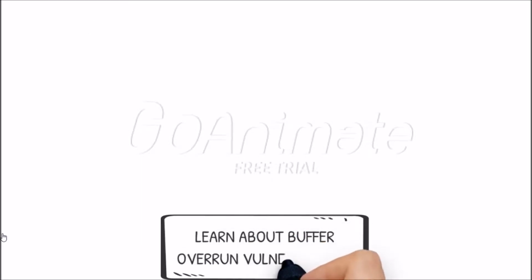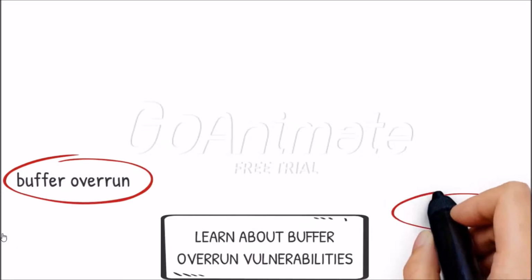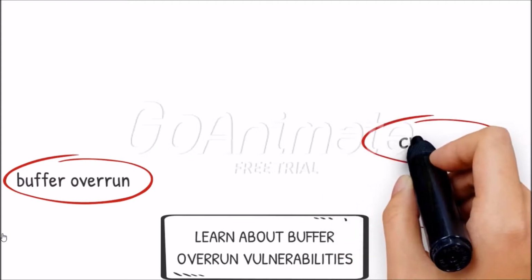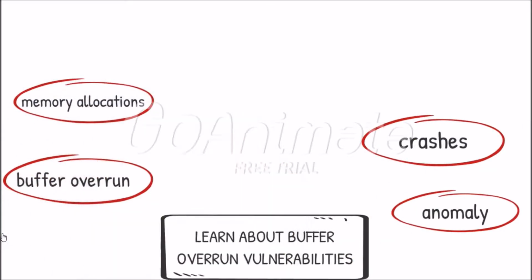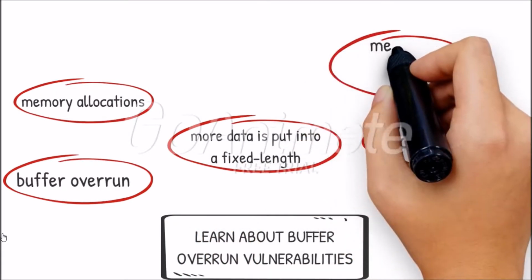A buffer is a sequential section of memory allocated to contain anything from a character or string to an array of integers. A buffer overflow, or buffer overrun, occurs when more data is put into a fixed-length buffer than the buffer can handle.